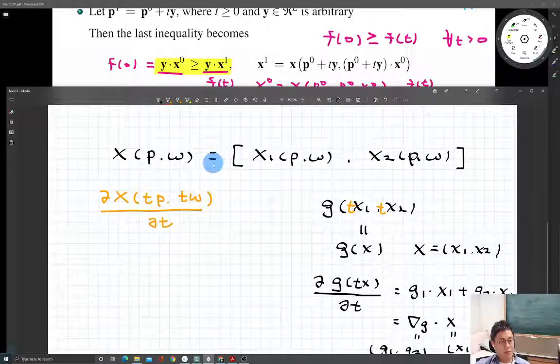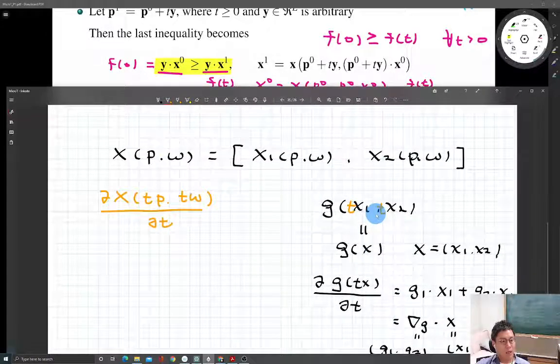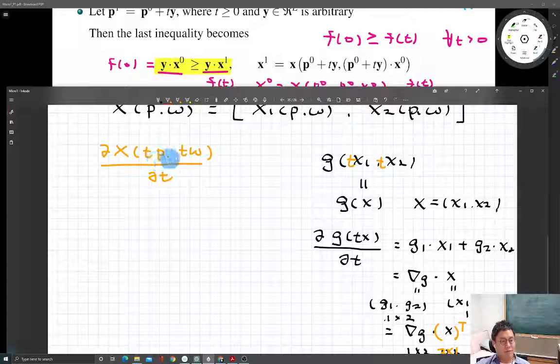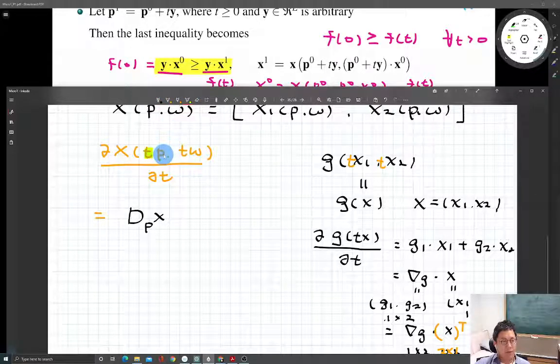Alright, so that is the way to take the derivative of a multivariate function. Now we consider the derivative of vector valued and multivariate functions. In the case of vector valued, if we take the derivative with respect to t, then x becomes the derivative matrix of x with respect to p, because t appears in the place of p.